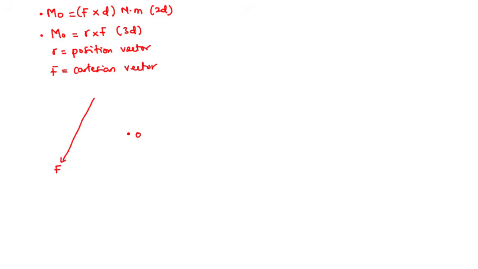Now the first thing we are going to do is to specify a position vector directed from O to any point on the line of action of F.